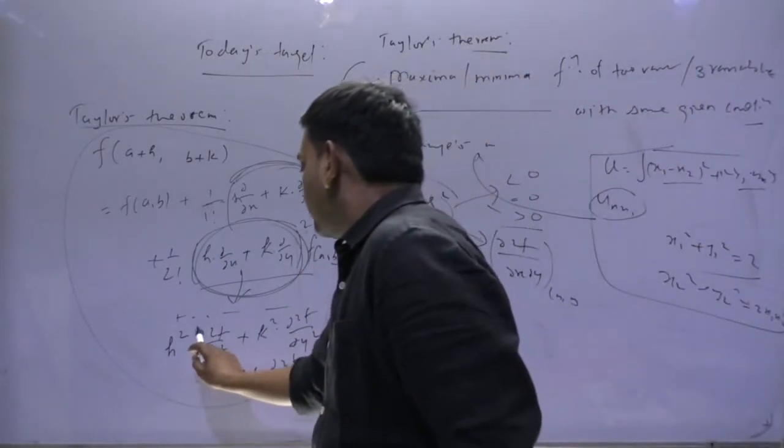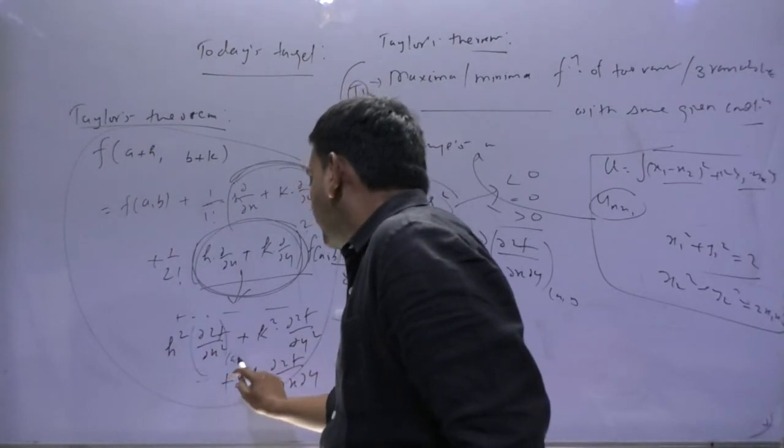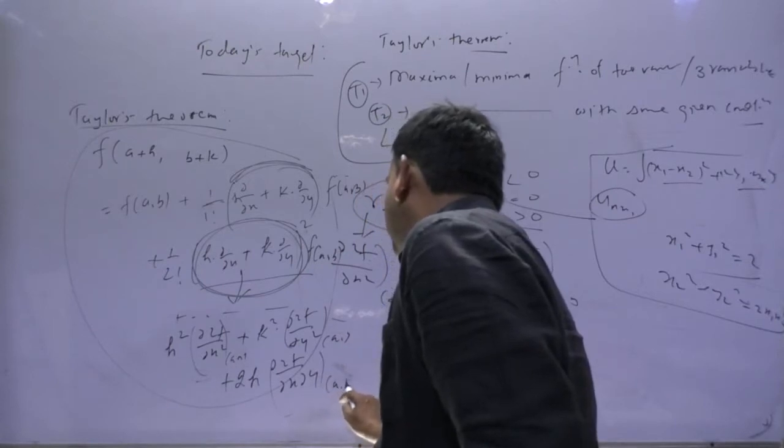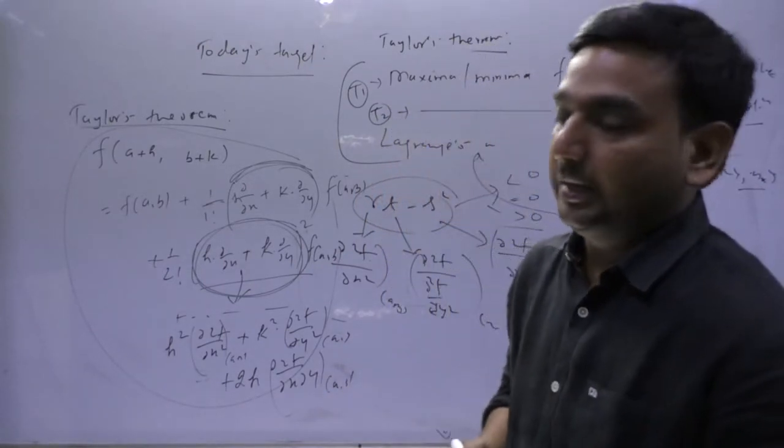So whenever you are expanding, you will take this value at (a, b), this value at (a, b), this value at that point (a, b).